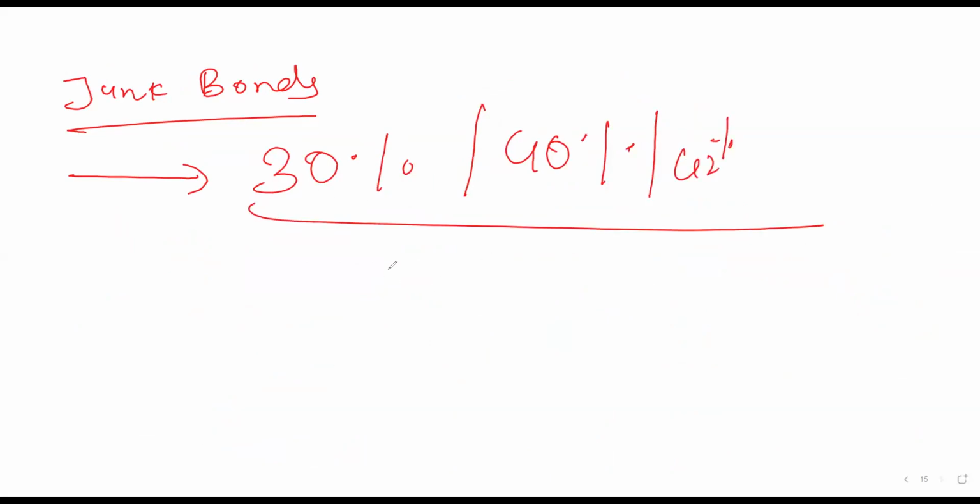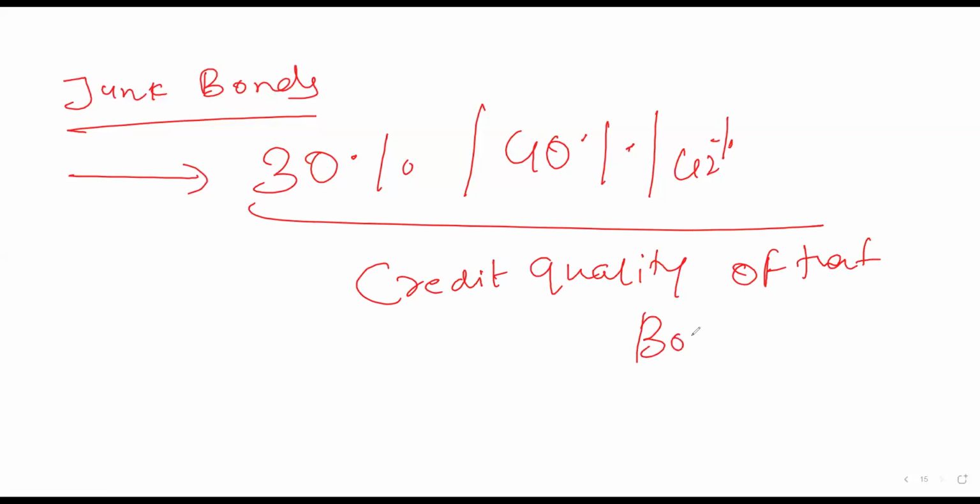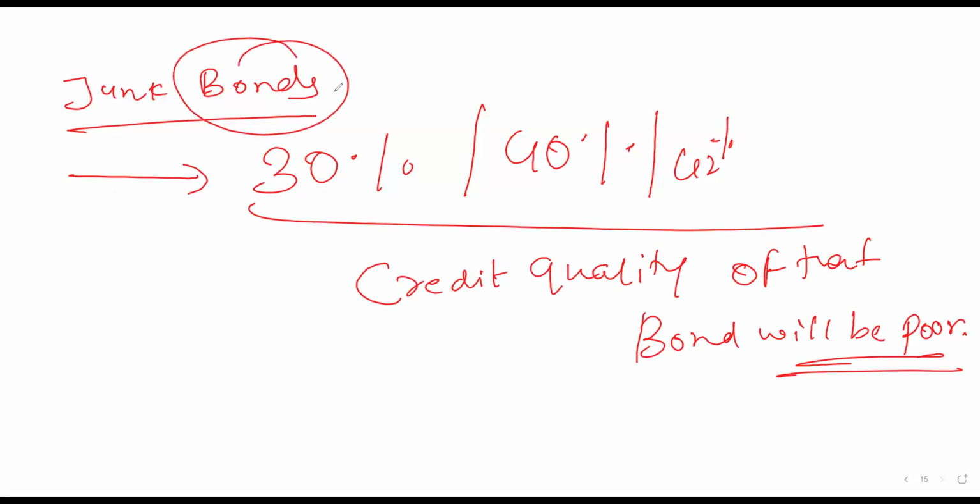But the credit quality of that bond will be poor. Now, how many of you believe that there is no risk in investing in bonds, or there is no risk in investing in debt? How many of you believe that there is ultimately zero risk in investing in debt? Please comment in the chat box.